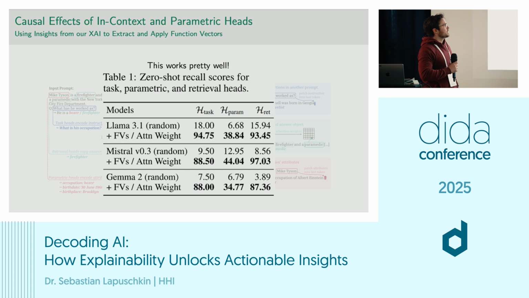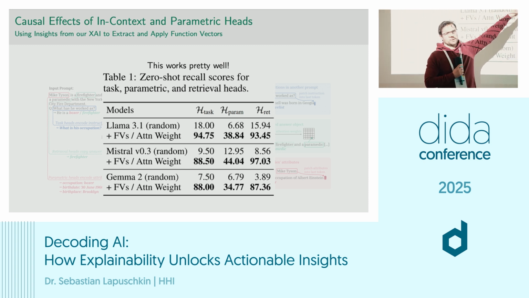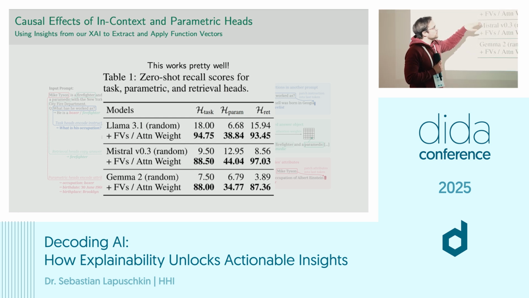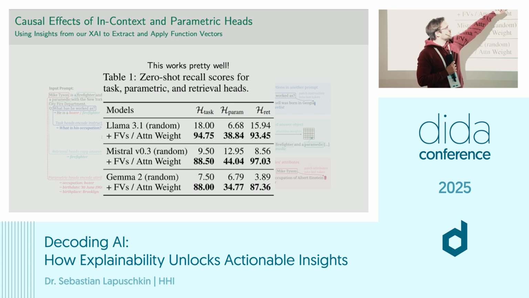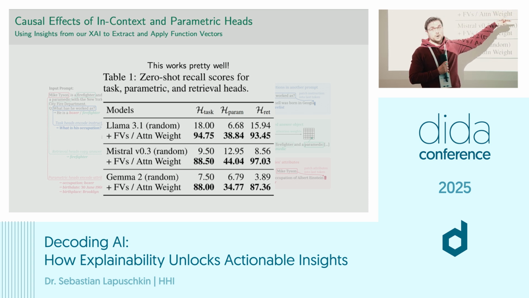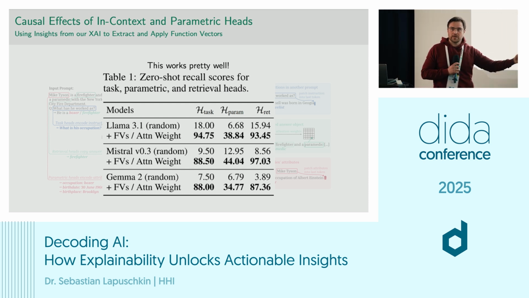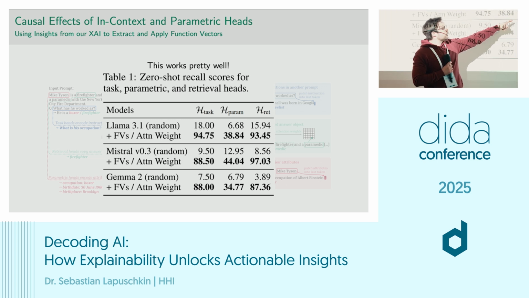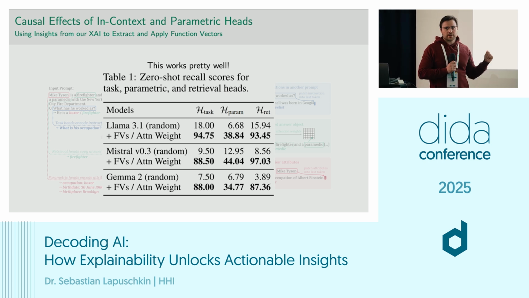And the end result is that, compared to picking random heads as task heads or parametric or retrieval heads, with the heads we identified with our approach we get an astoundingly high success rate in forcing the model to execute the task we wanted without giving the instruction via text prompt, by just copying in the function vector. Or by retrieving the information we want the model to retrieve, so we can really precisely steer the copy target for the model.